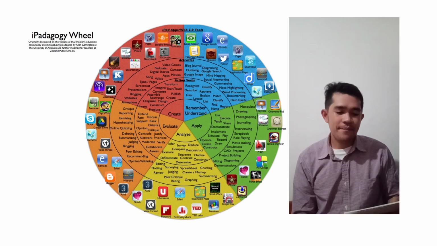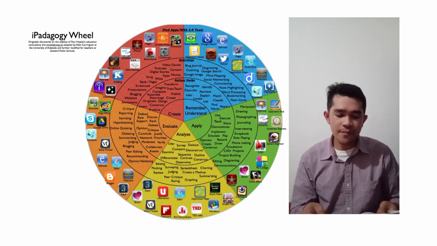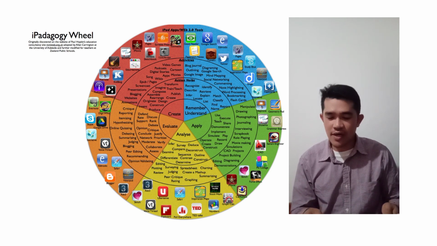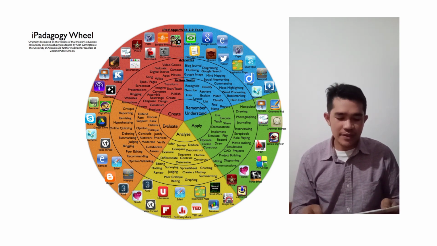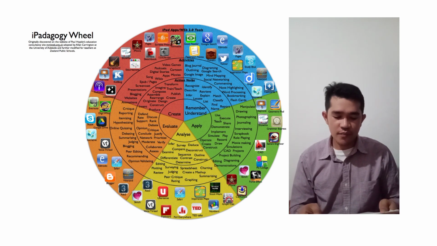Next is the pedagogy wheel. The pedagogy wheel, developed by Allan Carrington of Designing Outcomes in Australia, is a graphical representation of the interface of mobile apps with Bloom's cognitive categories and the SAMR model of technology integration.